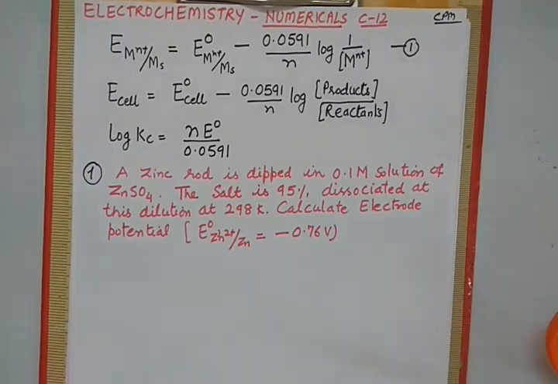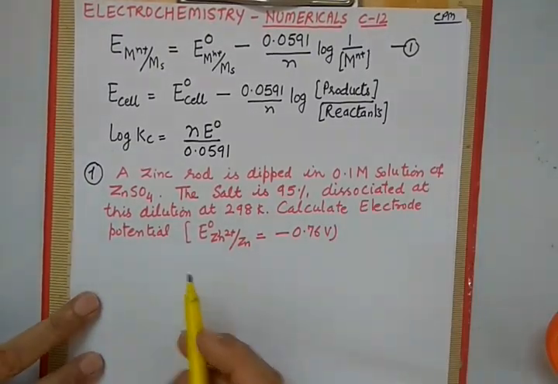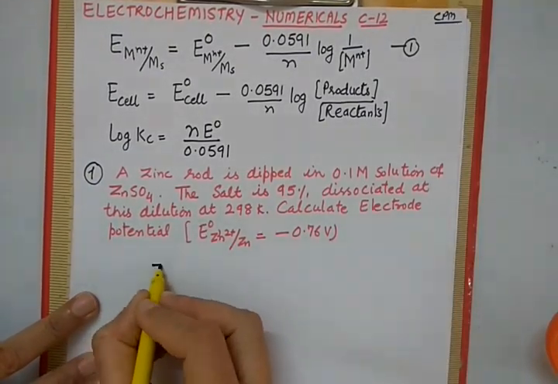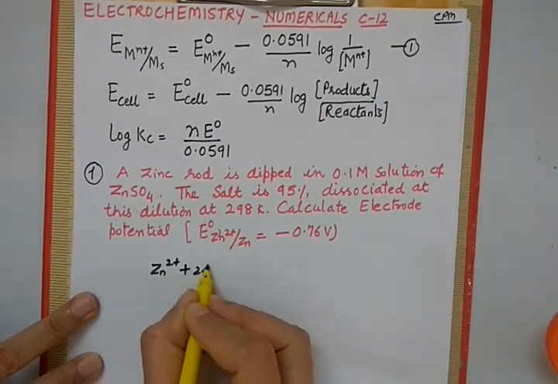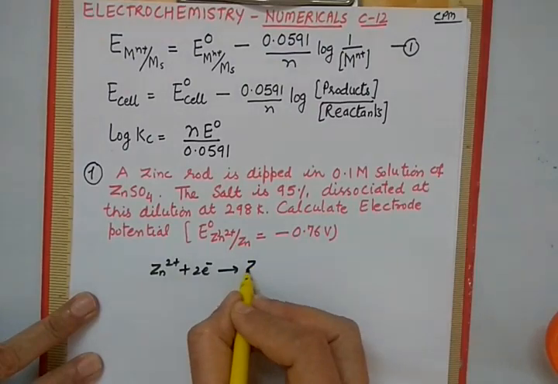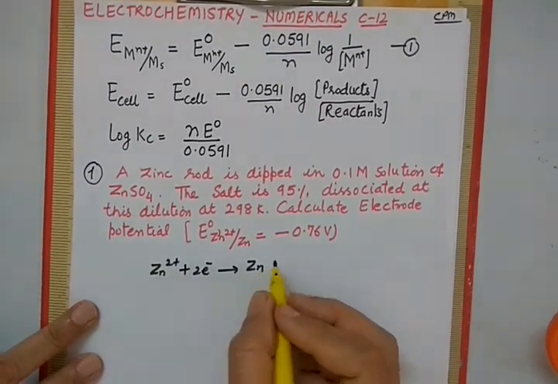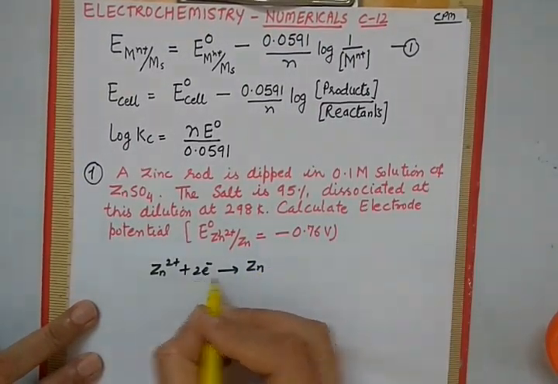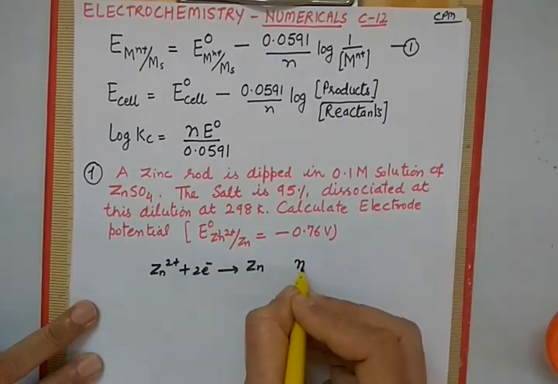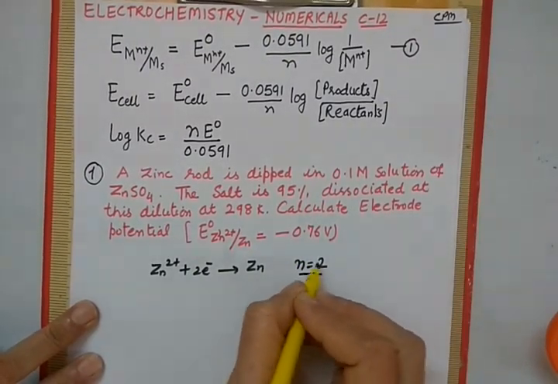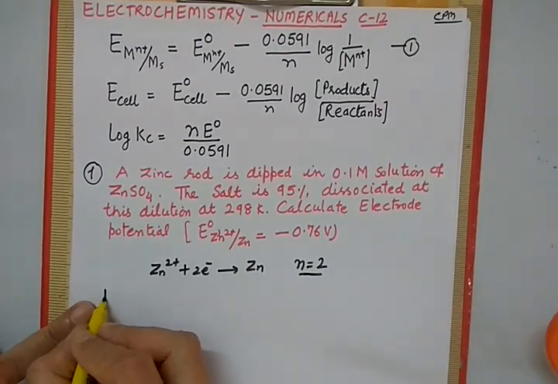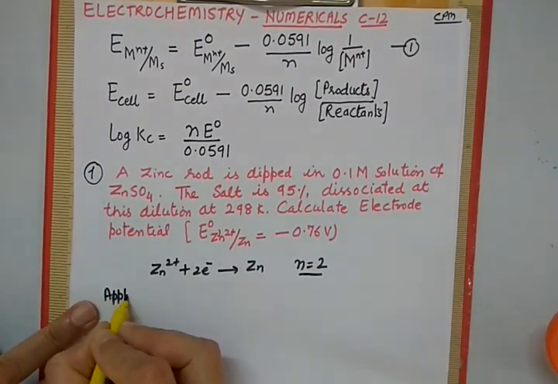First we will write the equation for the zinc electrode, that is Zn2+ plus 2 electrons give us Zn. It is taking up 2 electrons, meaning the value of n is equal to 2. Clear? And now let us apply the Nernst equation.